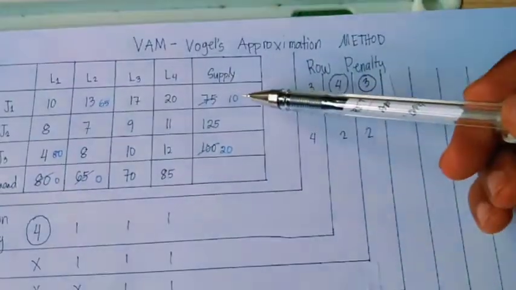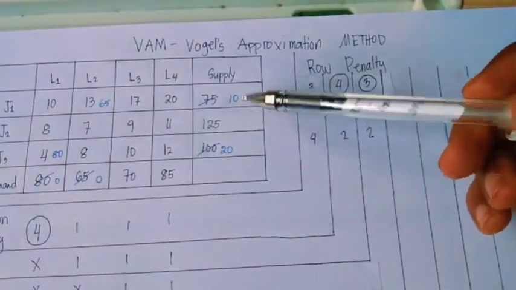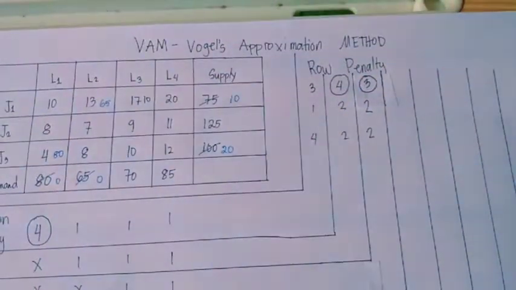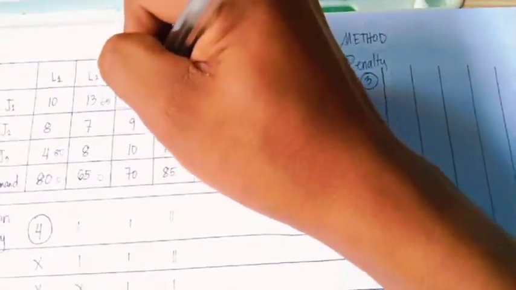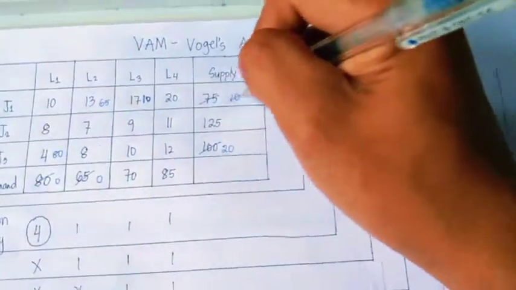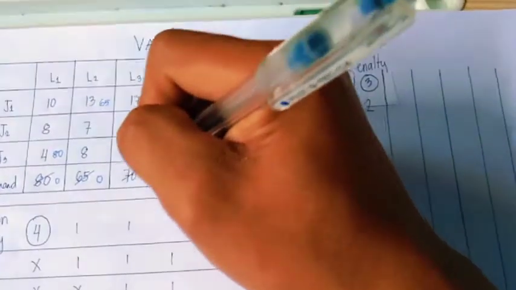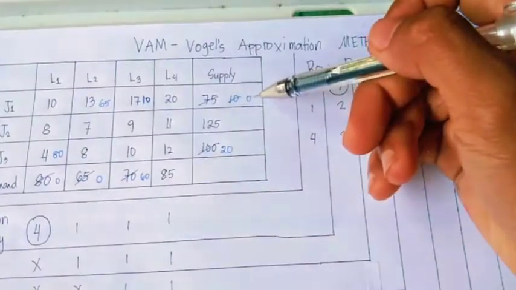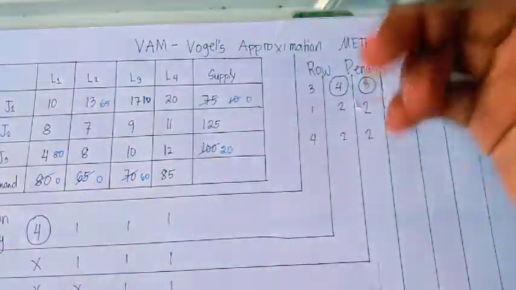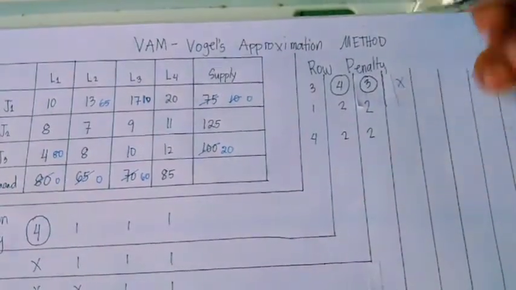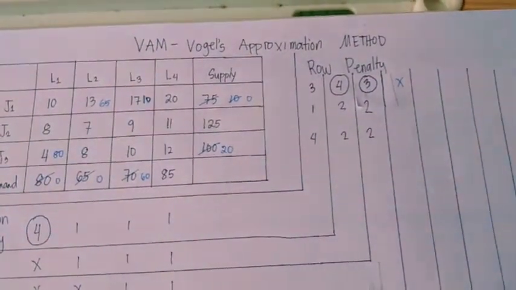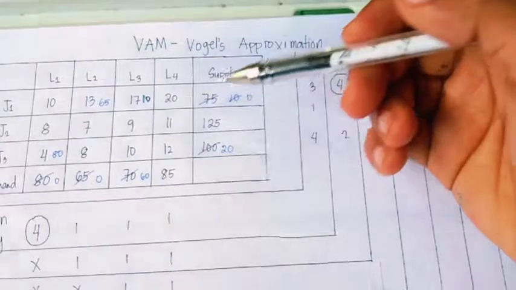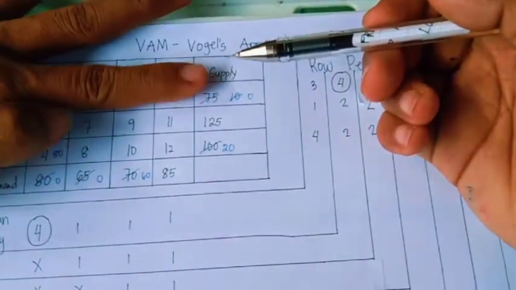Since our supply now is 10, we put 10 on 17 to satisfy our supply, and subtract 10 here. Since the supply is now satisfied, we put X here and let this be imaginary.